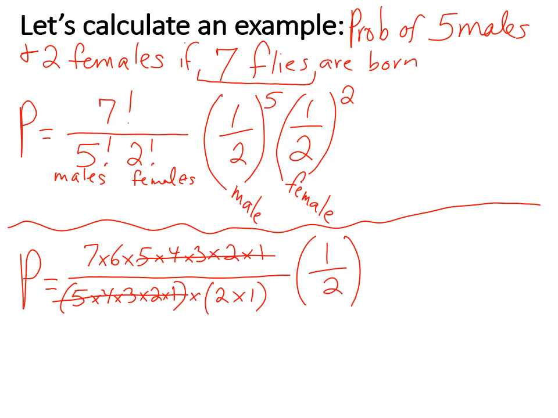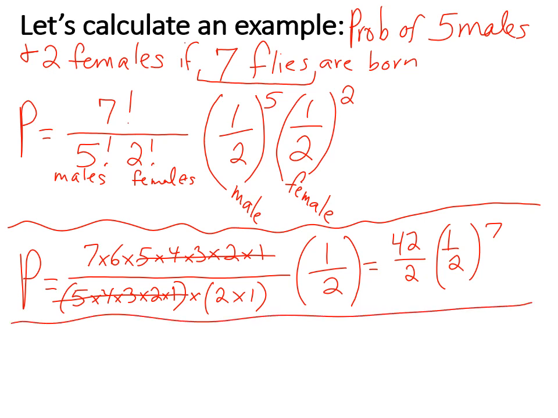Okay, so you can rewrite this as 42 over 2 times 1/2 to the 7th power. And you can break that down even more because 42 over 2 is actually 21. And you could say times 1 over 128.